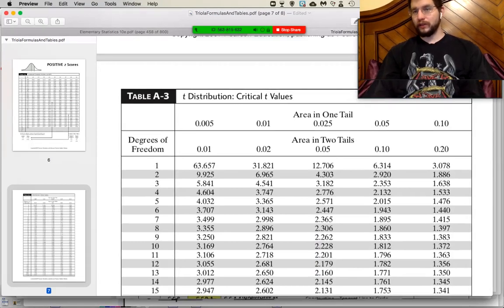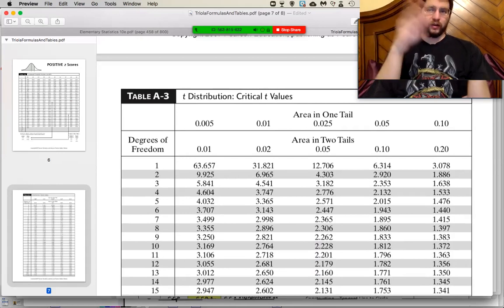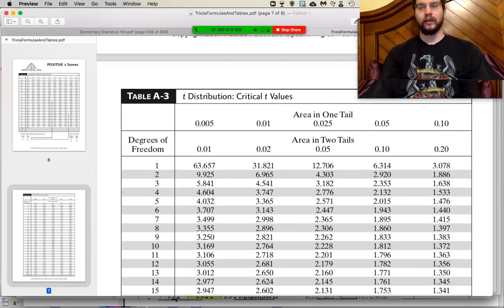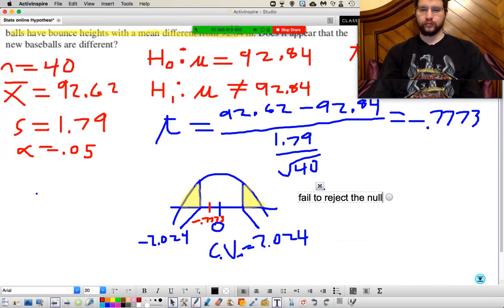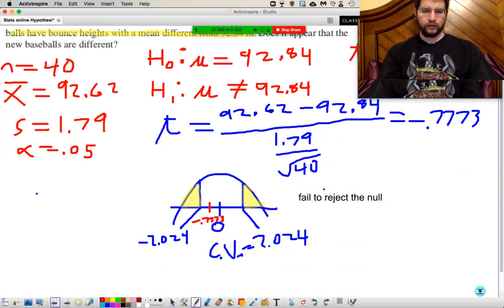If you remember on the flow chart, we had to find the area to the left or the right and double it. On the t-distribution, it already has it doubled for us, so don't double it again. What we can say is p is greater than 0.20.